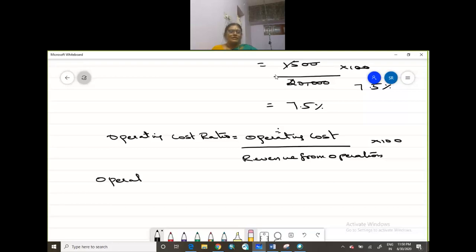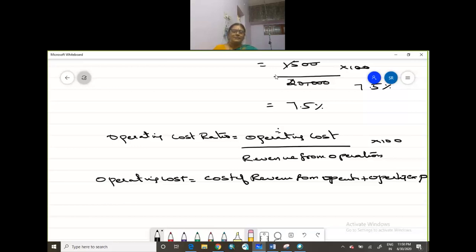Now how to find out this operating cost? So that is a bit difficult, isn't it? Operating cost is equal to cost of revenue from operation plus operating expense. So cost of revenue from operation, as we have already found out, right?